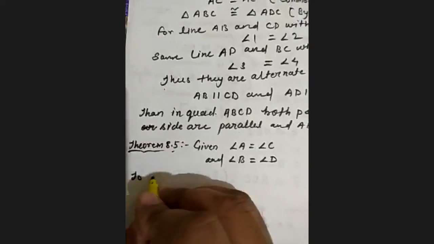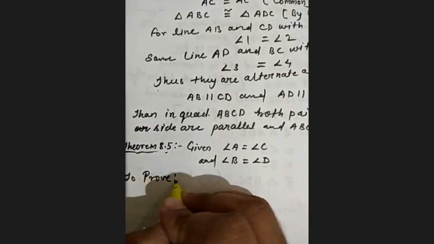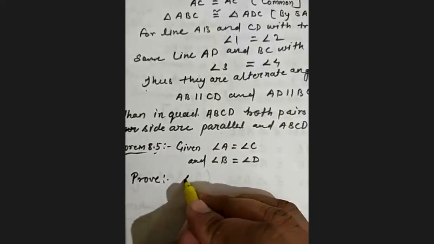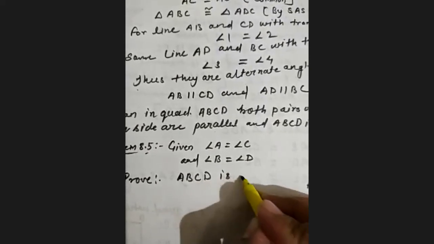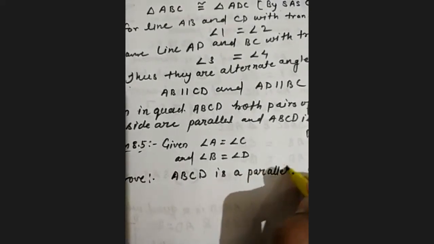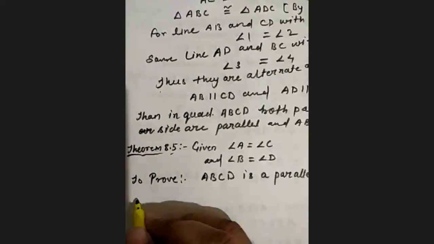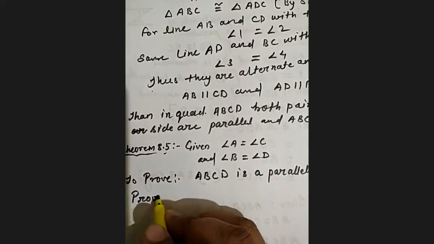Then here, to prove: ABCD is a parallelogram. ठीक है, ABCD is a parallelogram. Okay, so here we prove them. Proof.